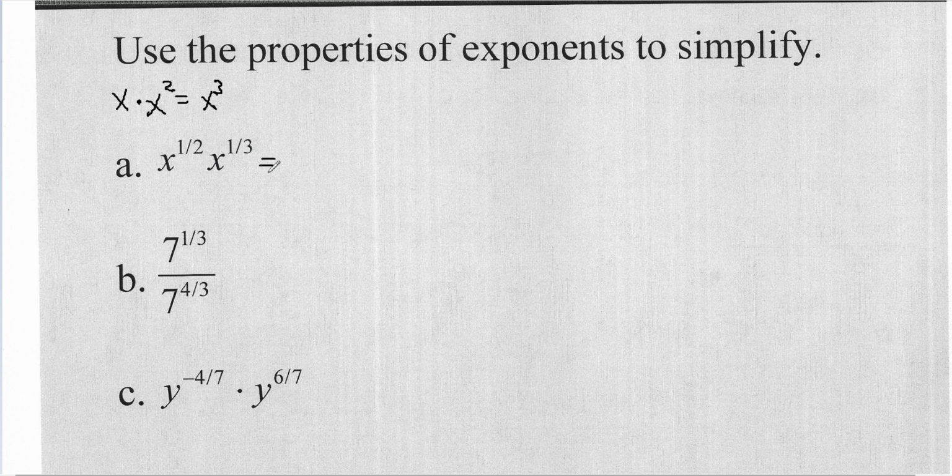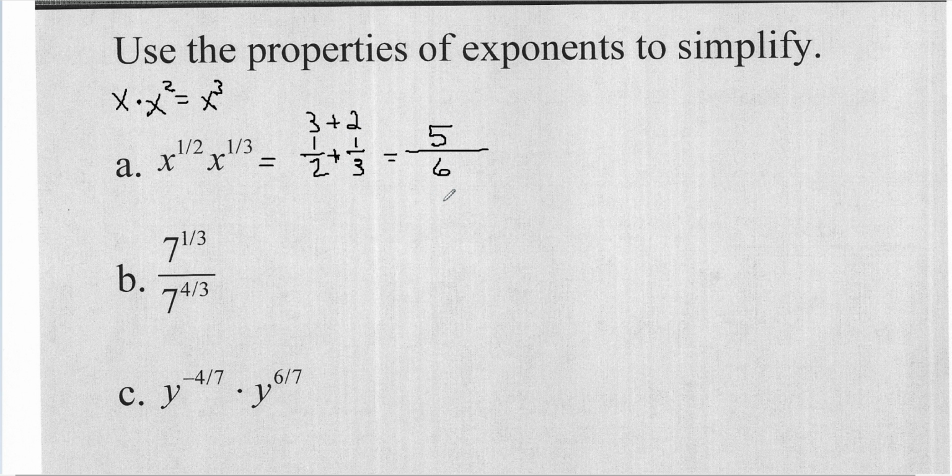But this is x to the 1/2 times x to the 1/3. So the rule applies that I'm just going to add the two exponents. So I've got 1/2 plus 1/3. And remember how to do that. 2 times 3 is 6. Now cross multiply. 3 times 1 is 3, plus 2 times 1 is 2. 3 plus 2 is 5.